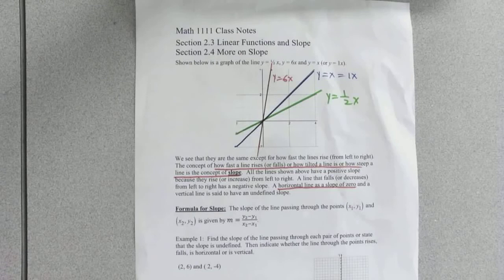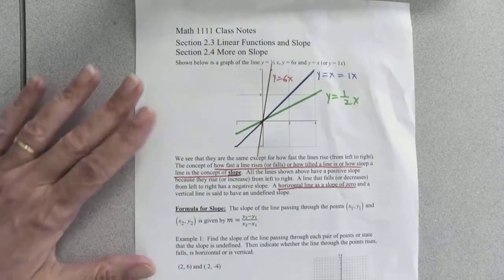And that makes perfect sense if you think about slope being a measure of how tilted, how steep a line is. A horizontal line has no tilt. It has 0 tilt. A horizontal line has no steepness. It has 0 steepness. So the slope of a horizontal line is 0.